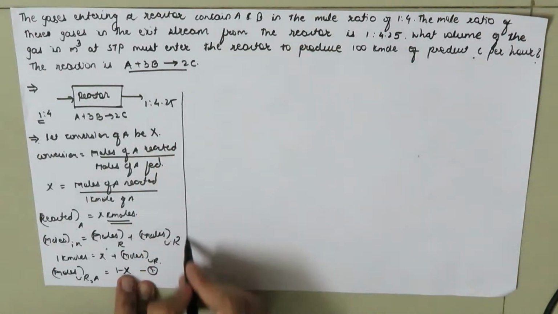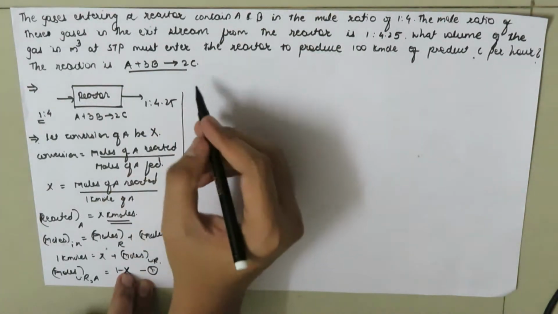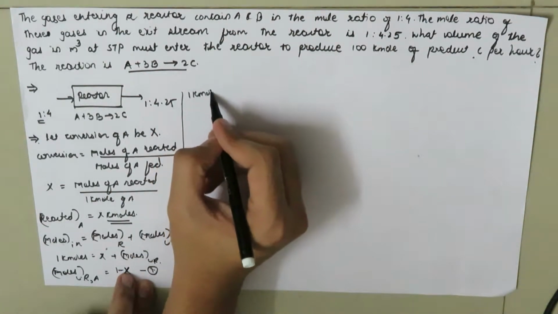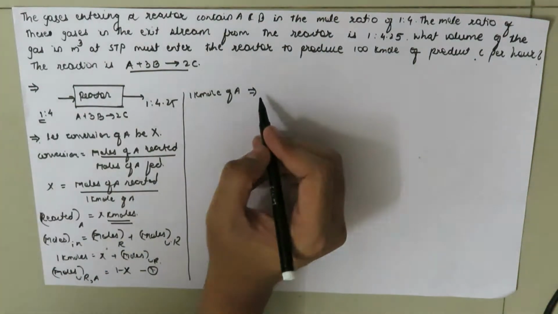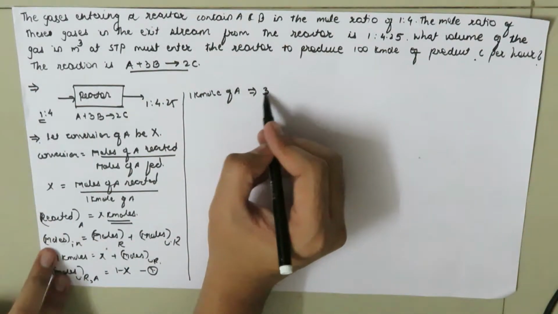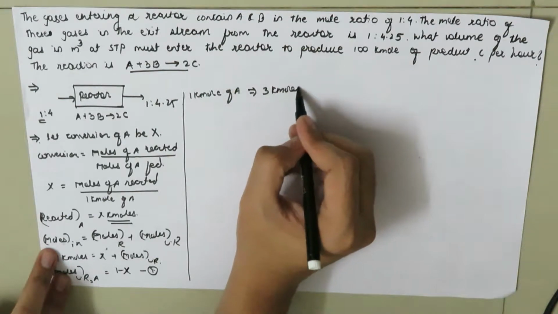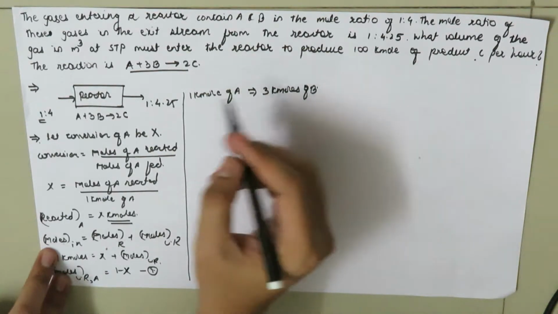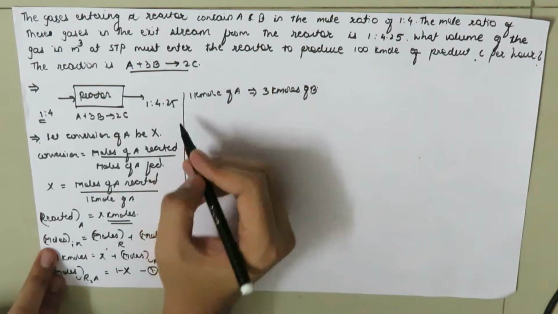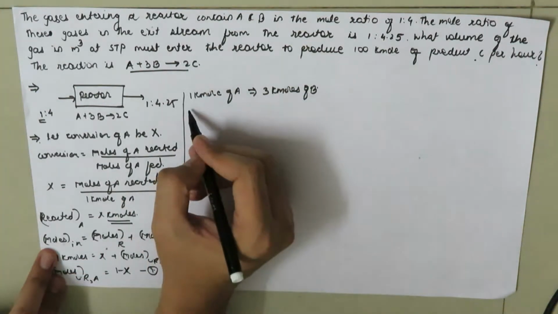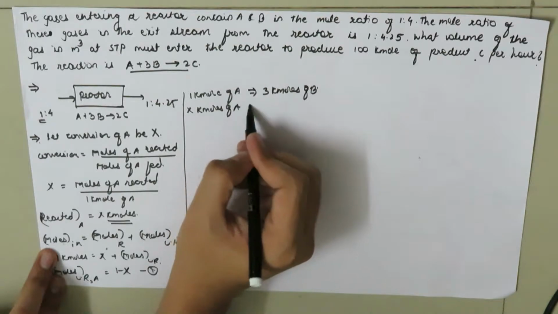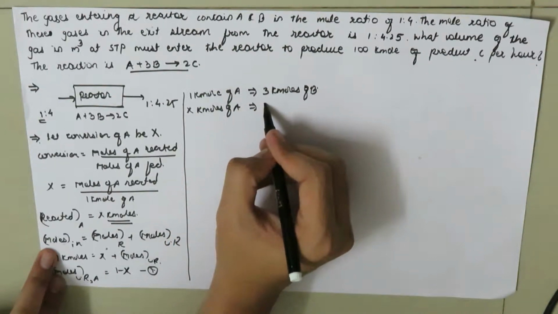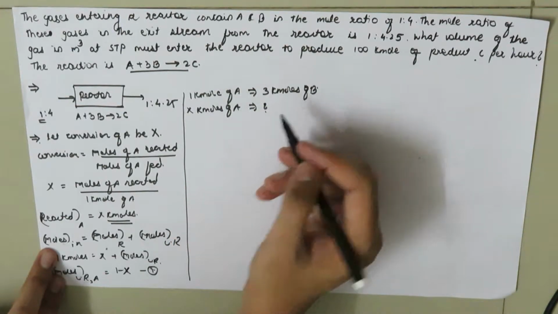In a very similar fashion, we know that from this reaction 1 kilomole of A reacts with 3 kilomoles of B. So if X kilomoles of A is reacted, then how many kilomoles of B will be reacted?